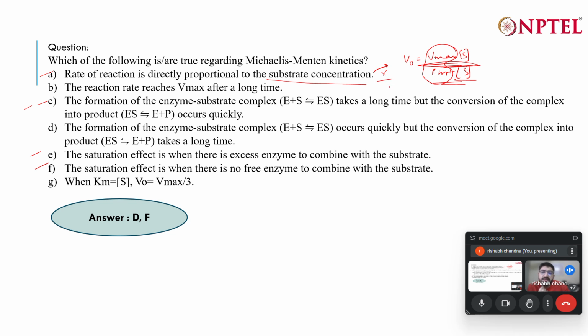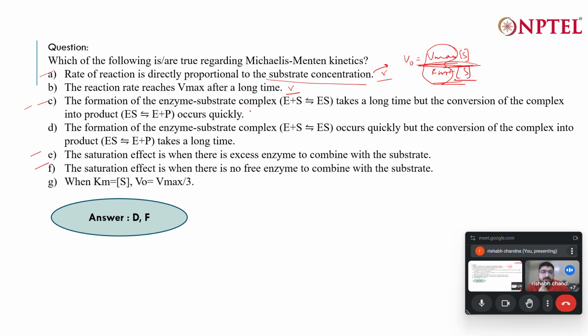Then, the reaction rate reaches Vmax after a long time. This is not generally correct because Vmax is reached in a certain amount of time, because the enzyme molecule is actively participating and decreasing the activation energy. The formation of the enzyme substrate complex takes a long time, but the conversion of the complex into product occurs quickly.